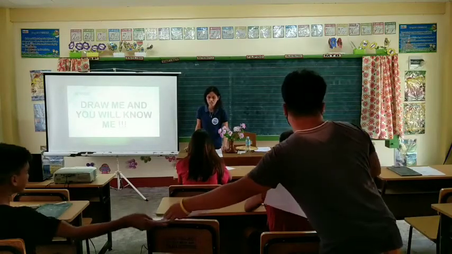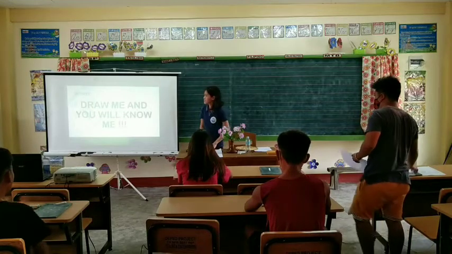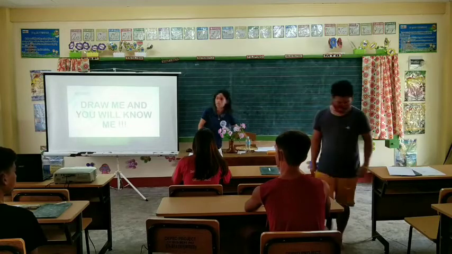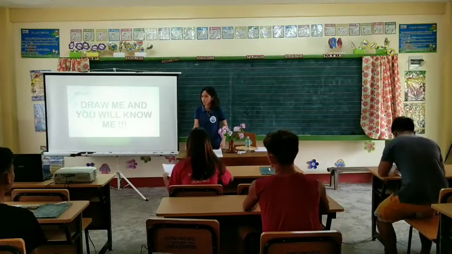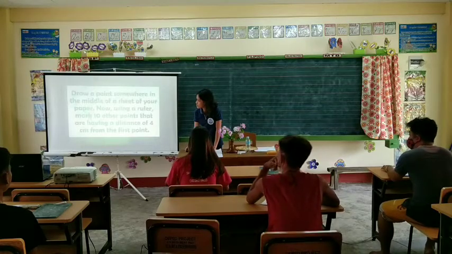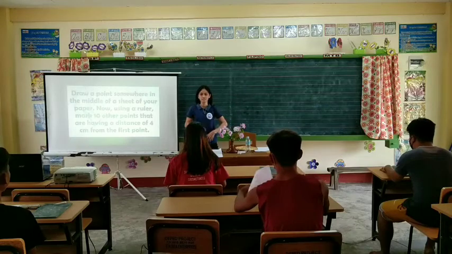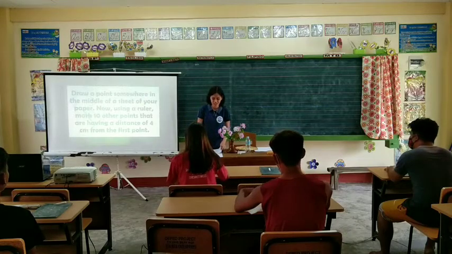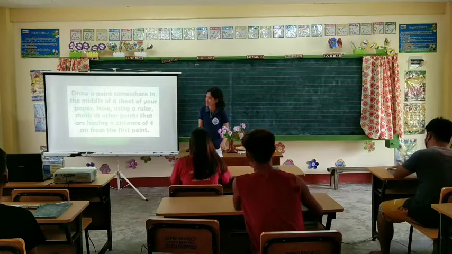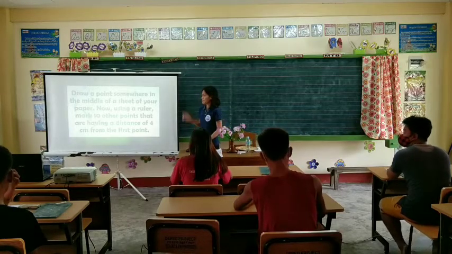Then get your pencils or pens. Okay, so here's what you will do. Do you want prizes? Yes, ma'am. Okay, since almost all of you want prizes, just follow my instructions.